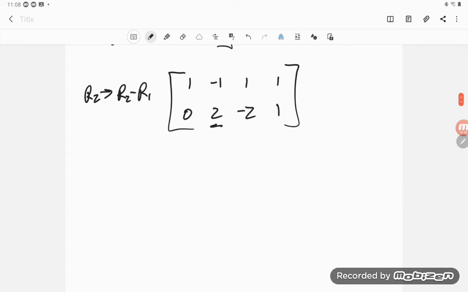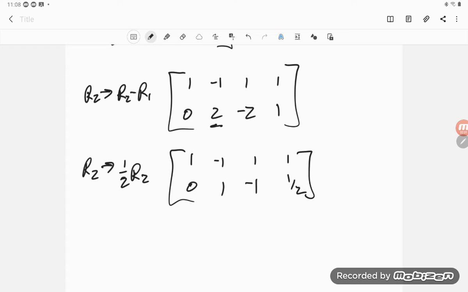Now I want that to be a 1, so we'll take row 2 and replace that with 1/2 row 2. So I have 1, -1, 1, 1, and 0, 1, -1, and 1/2.